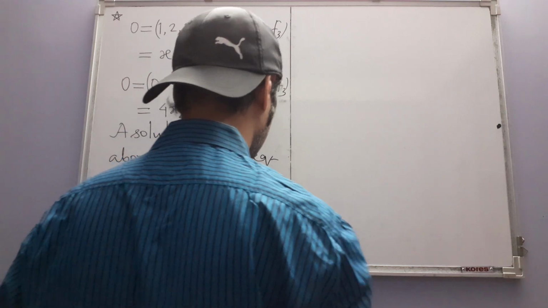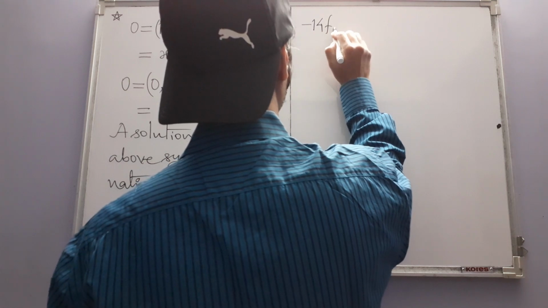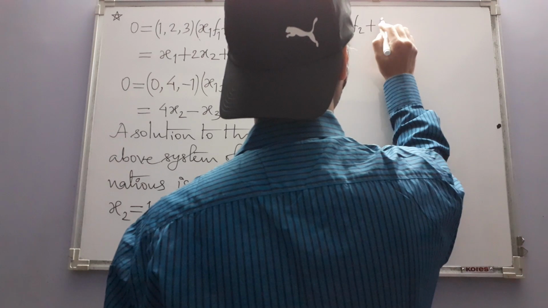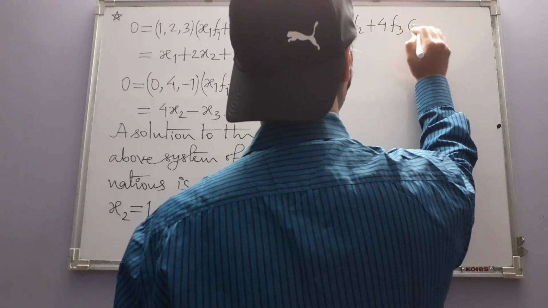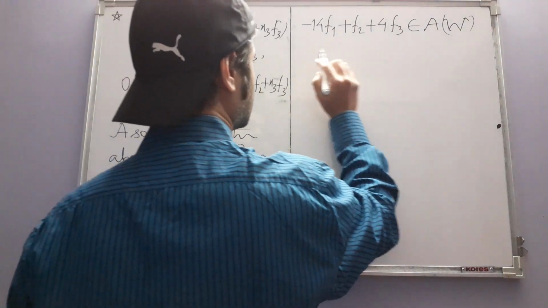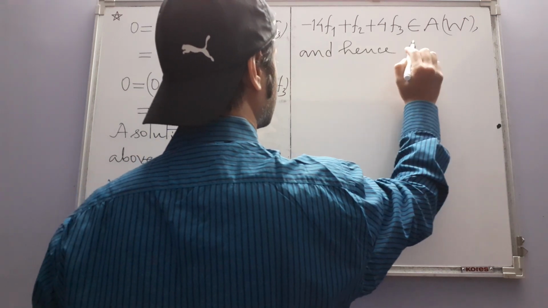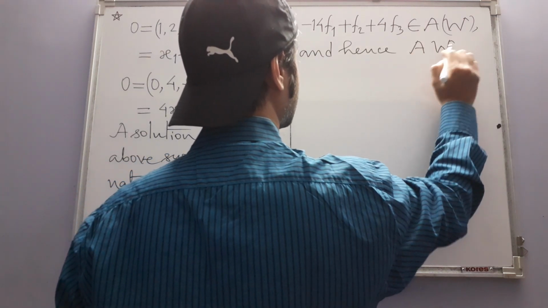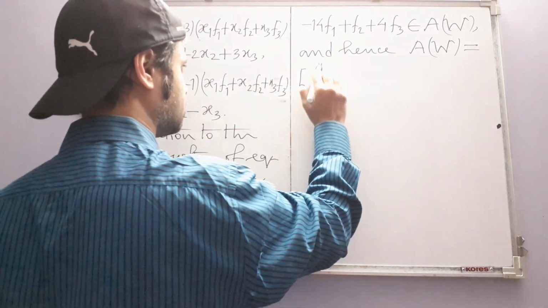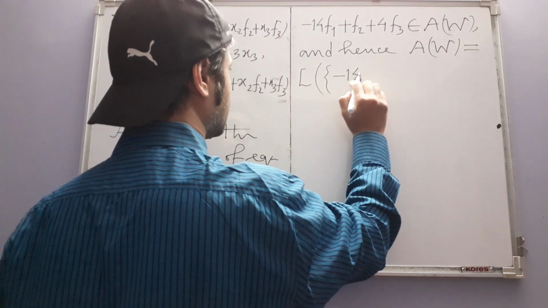So minus 14 f1 plus f2 plus 4 f3 belongs to A of W, and hence A of W is the linear span of the set consisting of this single linear functional.